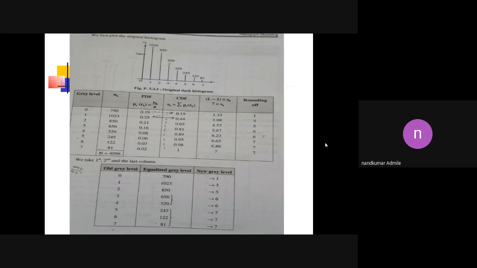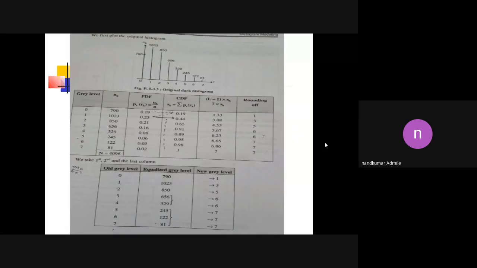The formula is P of rk is equal to nk divided by N. Okay, so have you noted? Okay, so first we'll complete the PDF column.